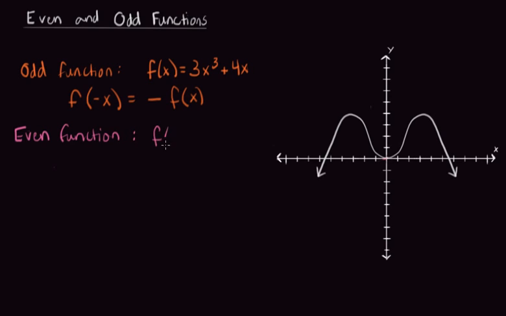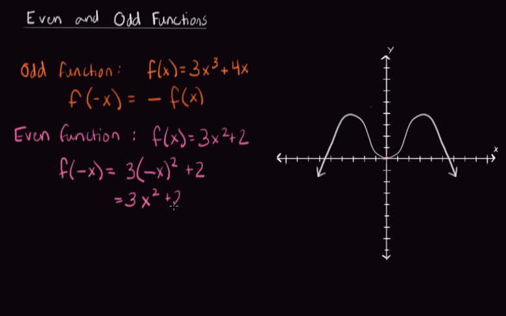So let's take f of x equals 3x squared plus 2. That's an even function because it has all even powers. If I take f of negative x, I'm going to get 3 times negative x squared plus 2. So this is 3, negative x squared is just x squared, so x squared plus 2.